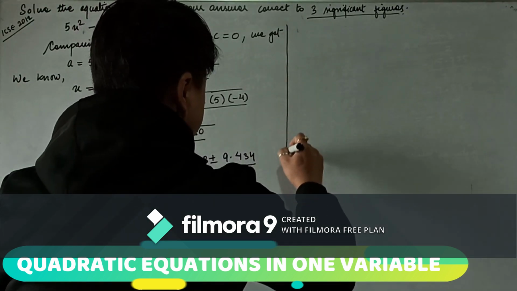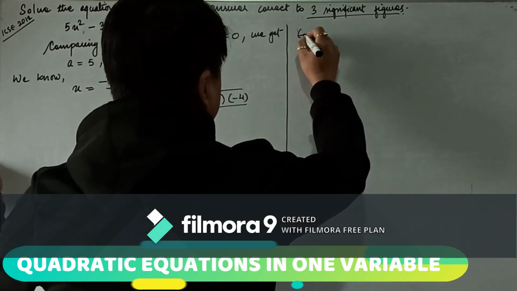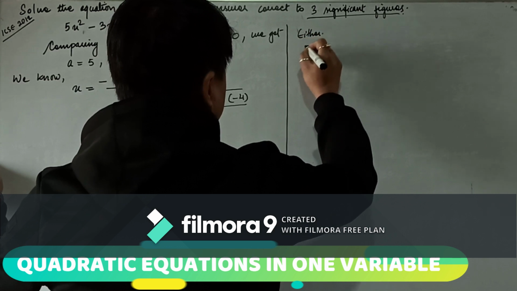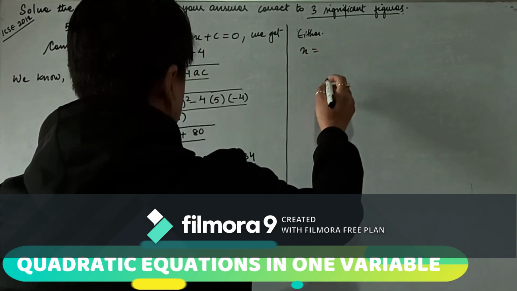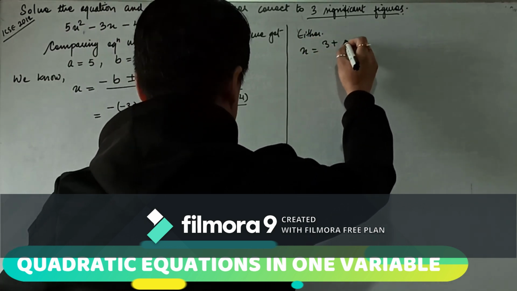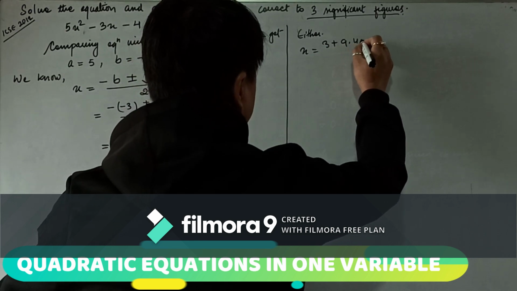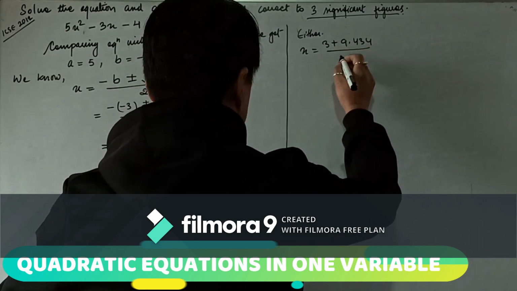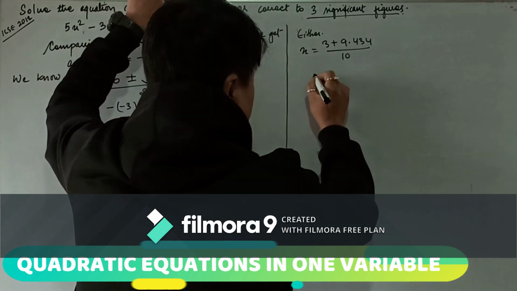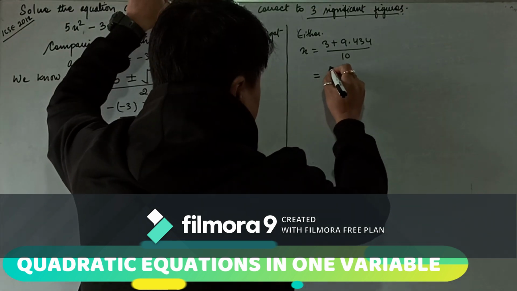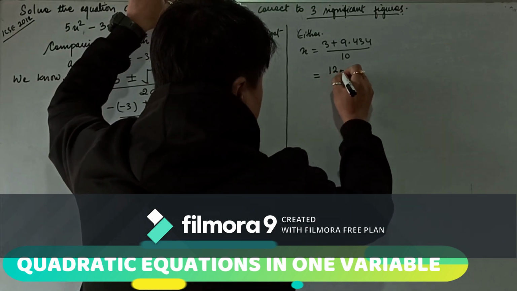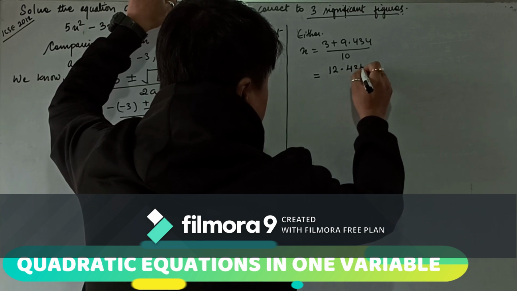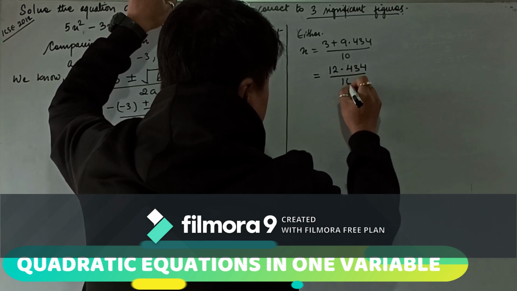Now either x is equal to, we can write, 3 plus 9.434 whole divided by 10, is equal to 12.434 divided by 10.